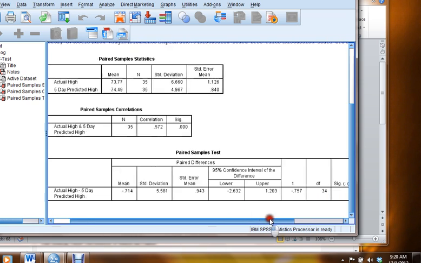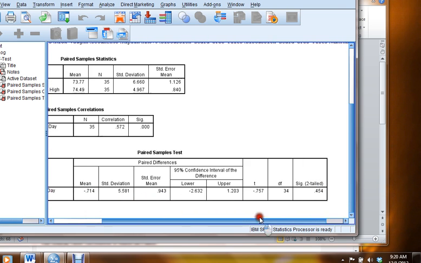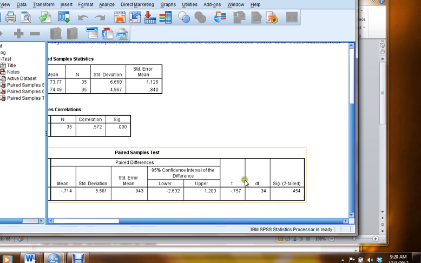And what we really want down here at the bottom is the paired samples test. So here we have the mean, standard deviation, and standard error mean again, and the numbers we want are right over here at the end. A t-value of minus 0.757, we have 34 degrees of freedom, and we have this sig two-tailed of 0.454.